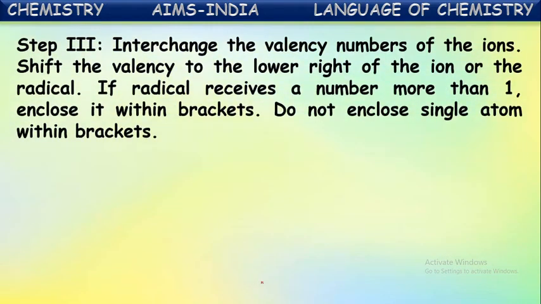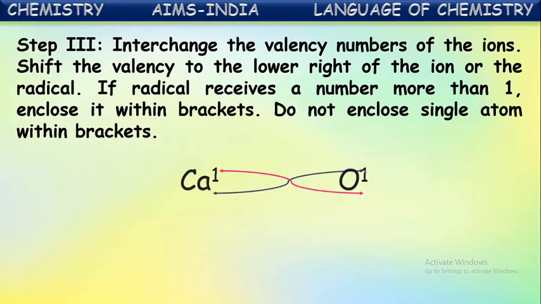In the third step, interchange the valency numbers of these ions. Shift the valency to the lower right of the ion or the radical in this way. What we got in the second step was Ca1 and O1. Now interchange these valencies: this one is written at the bottom right of the symbol oxygen, and this one at the bottom right of calcium.